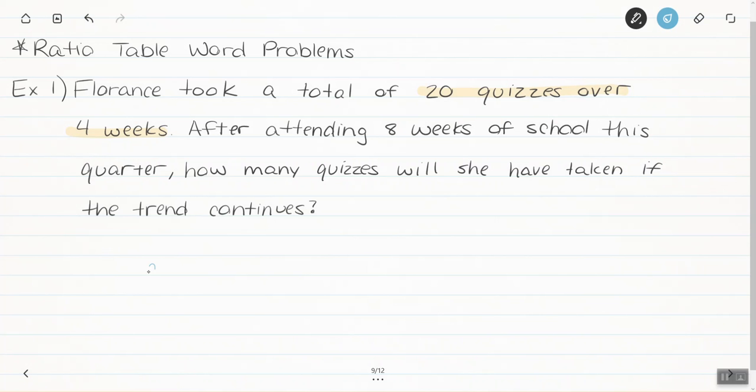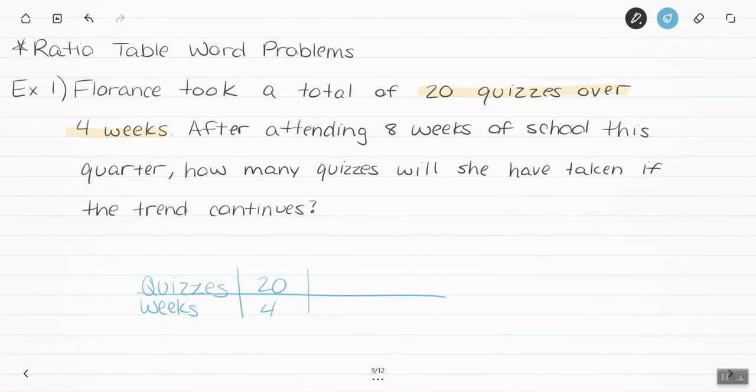So we have 20 quizzes. And then we are comparing it to weeks. And I know I did 20 quizzes in 4 weeks. Now, if we continue in the problem, it says, after attending 8 weeks of school this quarter, how many quizzes will she have taken if the trend continues?